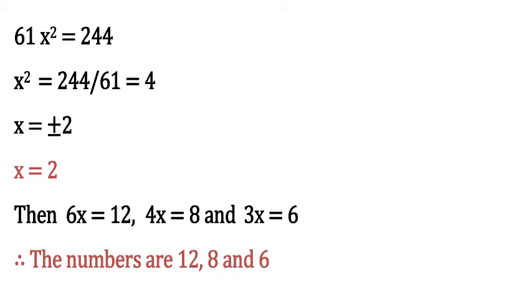As the question mentions positive numbers, neglect the negative value minus 2 and consider only the positive value, x equal to 2. If x is 2, then 6x will be equal to 12, 4x will be equal to 8 and 3x will be equal to 6. Therefore, the three positive numbers are 12, 8 and 6.